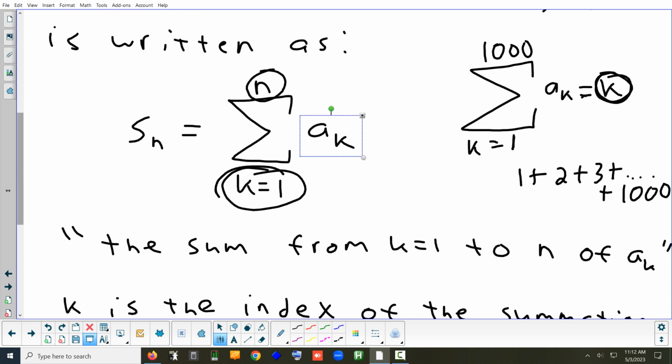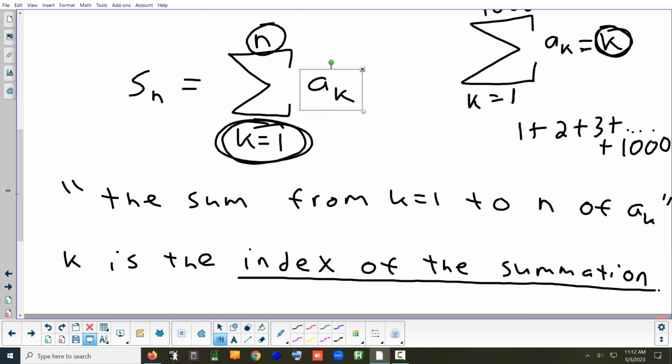This is called the index, the letter that you use right here. The index doesn't have to be a K. It could be different letters, but K is used quite a bit.